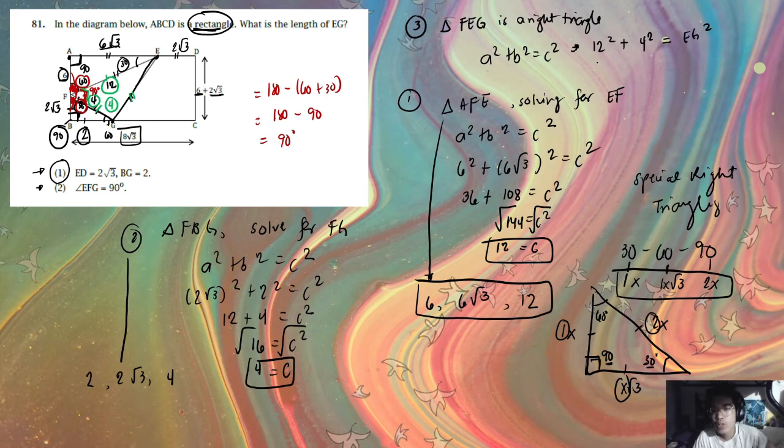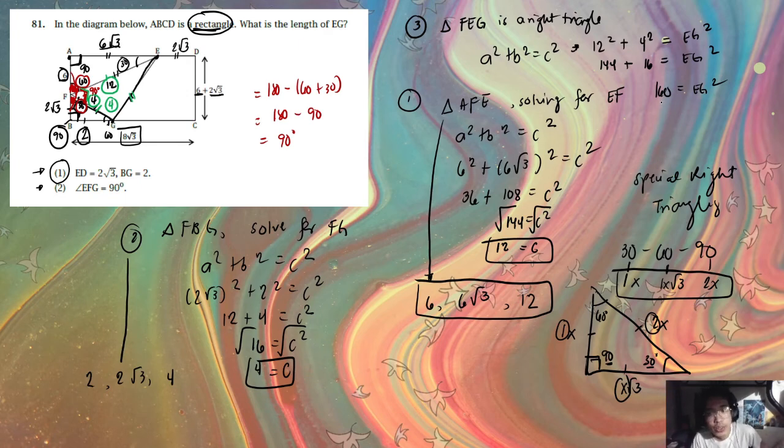squared. And what's 12 squared? That's 144, plus 4 squared, which is 16, equal to EG squared. What's 144 plus 16? That gives us 160. 160 is equal to EG squared. And what's the square root of 160? That's 4 square root of 10.